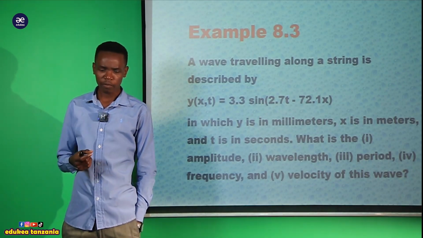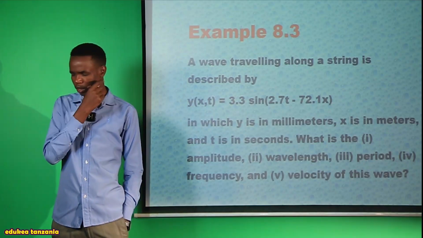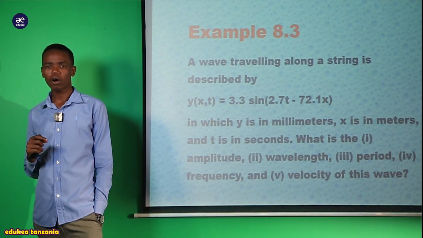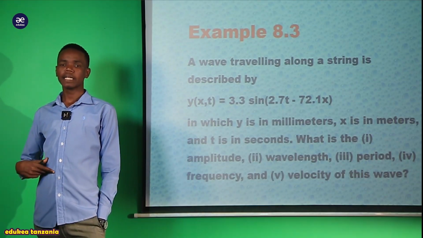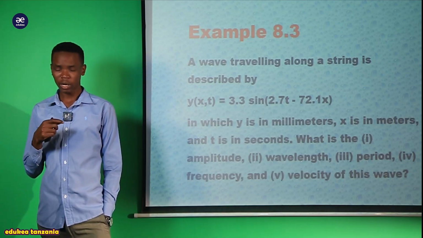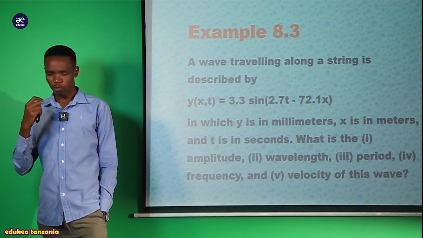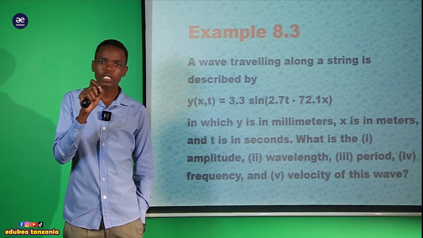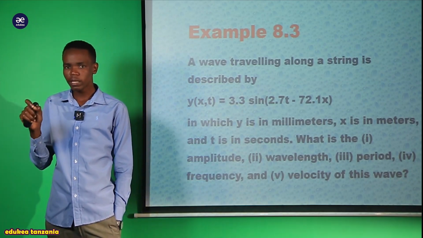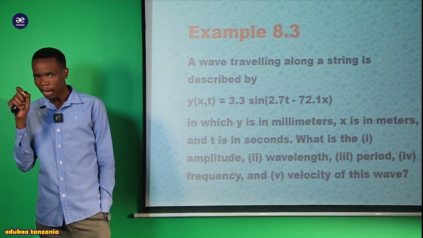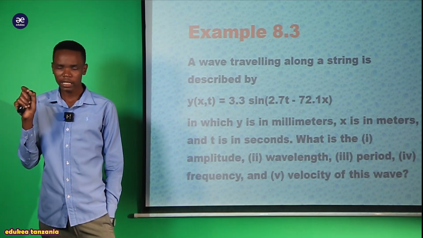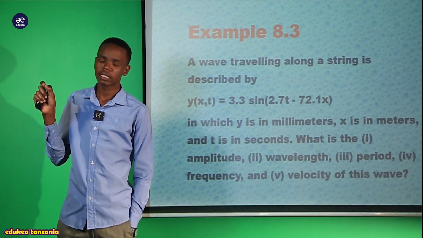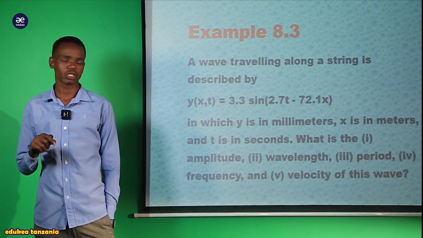And finally, for the velocity, we take the formula of the displacement and apply the first derivative. If we apply the first derivative, we obtain that the velocity is expressed as a w cos bracket wt plus or minus kx, my dear students.